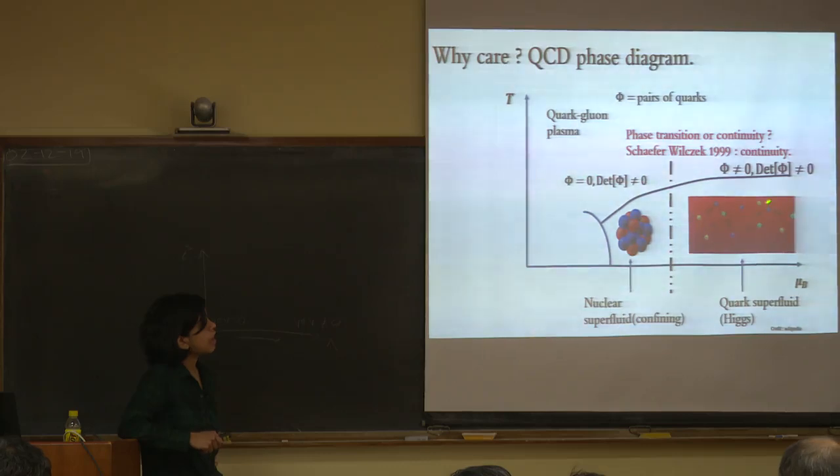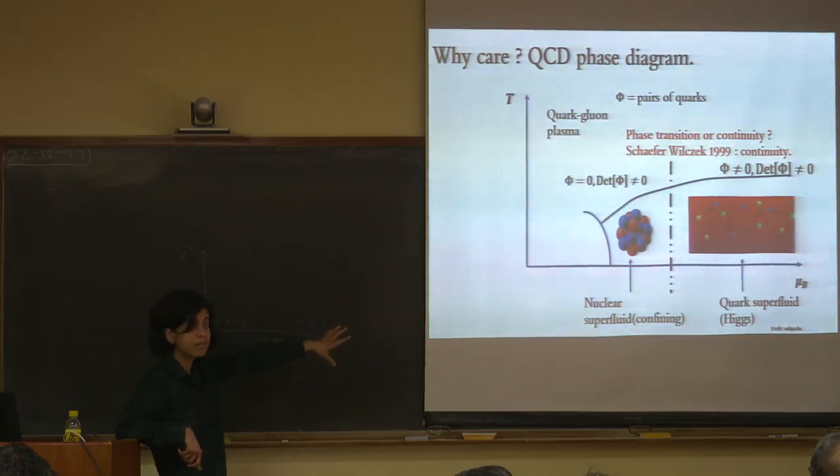The quark matter side maps to the case where that 3 by 3 matrix has a vacuum expectation value, and also the determinant of this 3 by 3 matrix has a vacuum expectation value. And the nuclear matter side maps to the regime where the 3 by 3 scalar field matrix does not have a vacuum expectation value, but the determinant of that matrix has a vacuum expectation value. And I'll explain where that comes from.